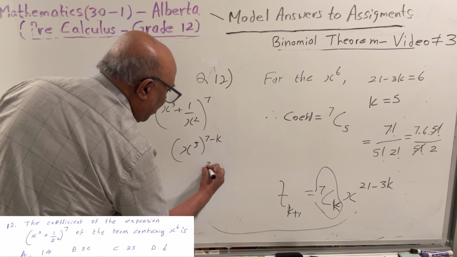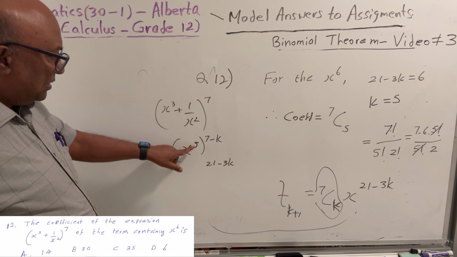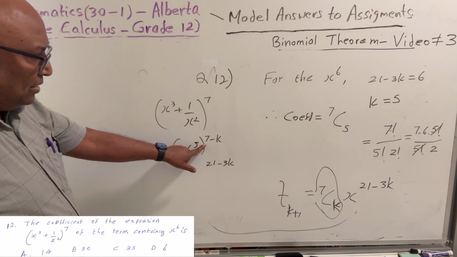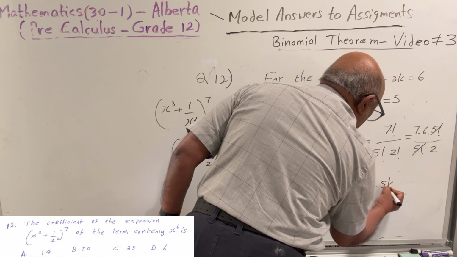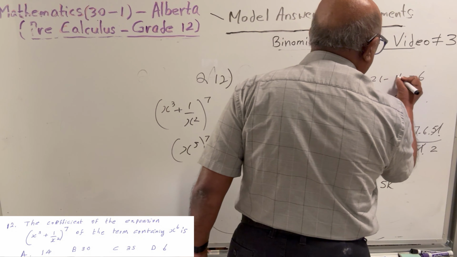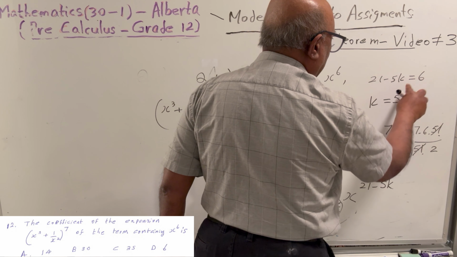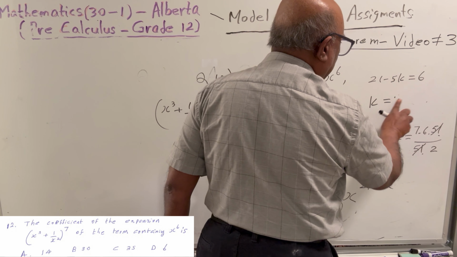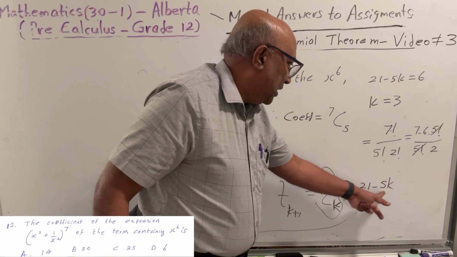Then we wrote 21 minus 3k from here. Okay, this should be 21 minus 5k. Please check the previous one. When you put 5k here, we get 21 minus 5k equals 6, 5k equals 15, k equals 3. Okay, I corrected this. The previous answer should be this one.